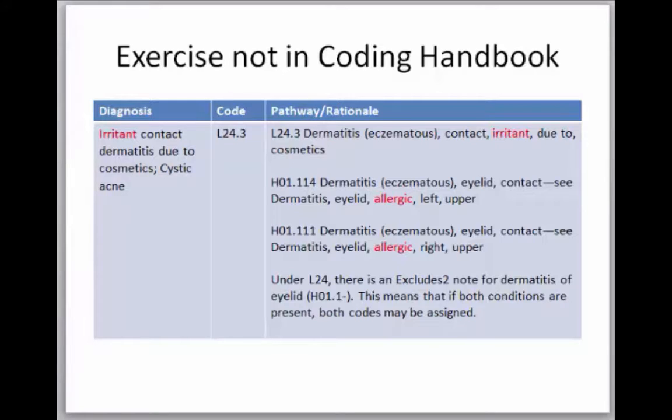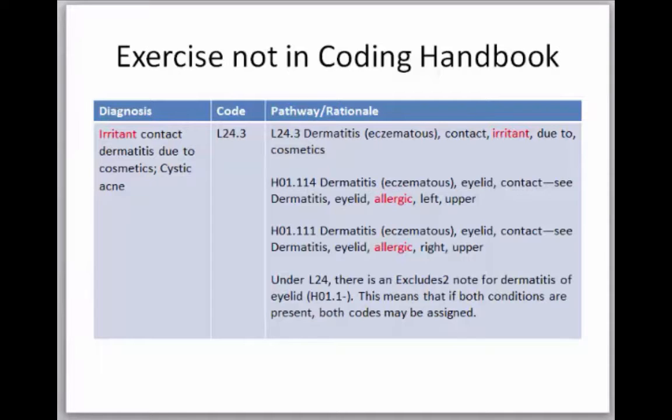But I also want you to notice under the L24 category code there is an Excludes2 note for dermatitis of the eyelid, and those are those H codes. So since it's an Excludes2 note, that means we could code both the L code and the H codes if the patient had both conditions, a dermatitis due to an irritant and a dermatitis due to allergies.